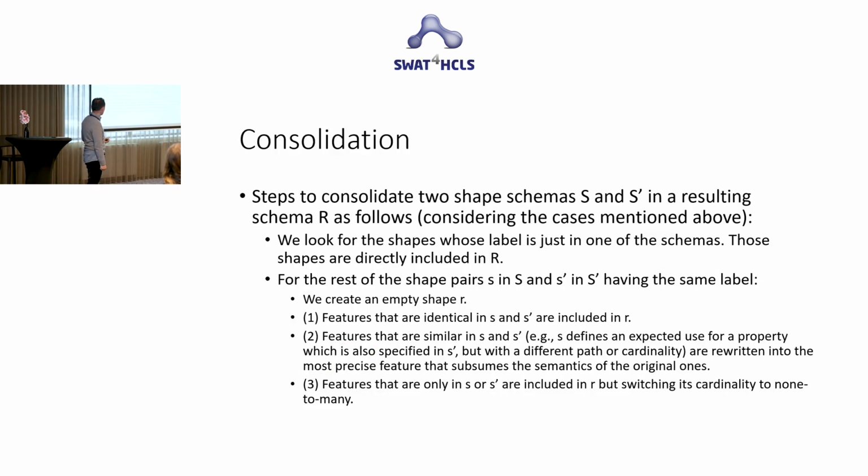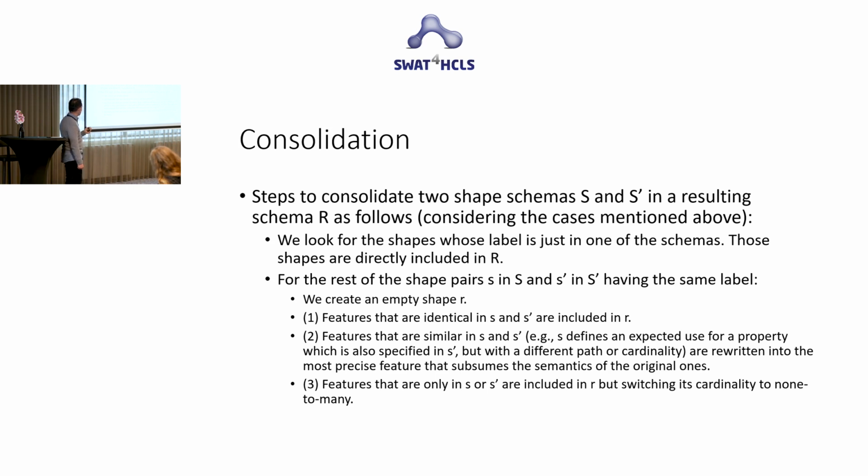So how to consolidate? This is a bit of a busy slide, but it is the core of our approach. The steps to consolidate two shape schemas S and S prime into the resulting schema R are as follows. We look for the shapes whose label is in just one of the schemas.